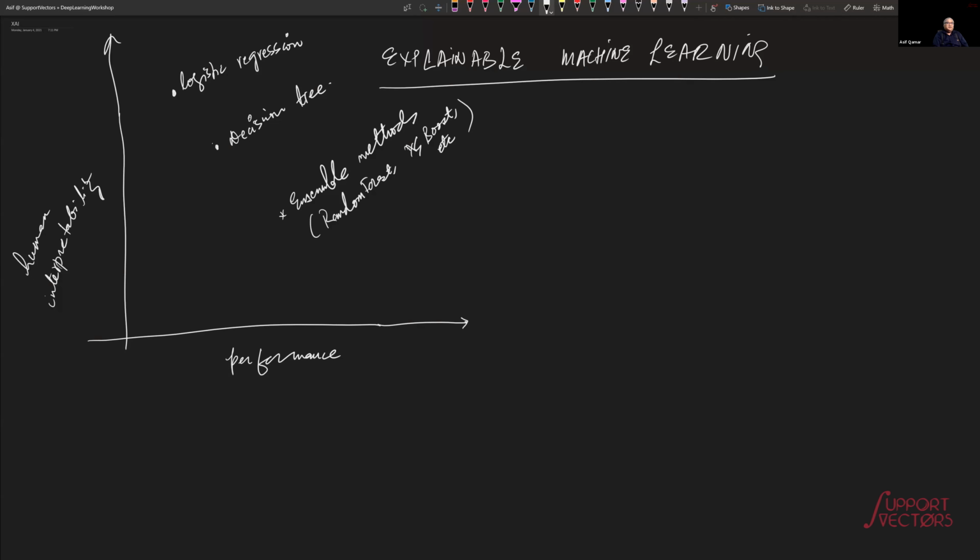Along the same line, you have a similar situation you have for kernel methods, SVM, etc.